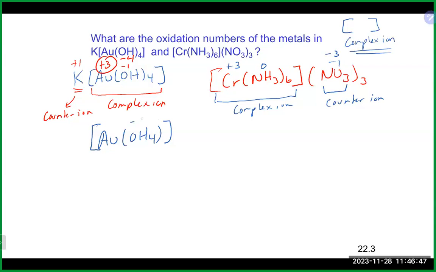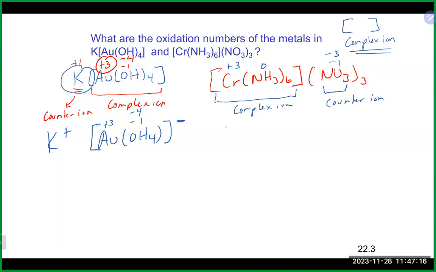Once again, that is -4, -1, and there are 4 of them, which gives you -4. We just determined that this gold has a +3 charge, which means overall our complex ion here is actually negative with a -1 charge. That is why we have just one counter ion, right, which is positively charged. So just like an ionic compound equals 0, positive guy, then negative guy here. And that is what we got going on in this case.